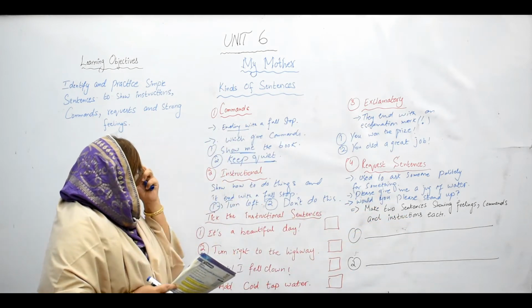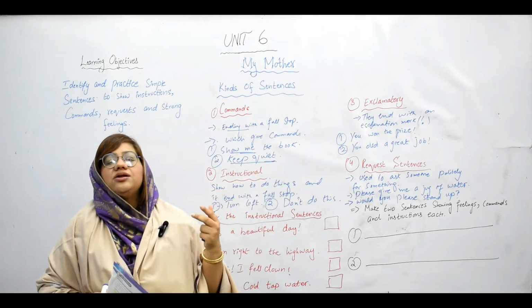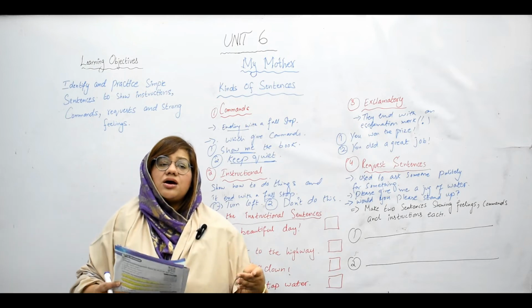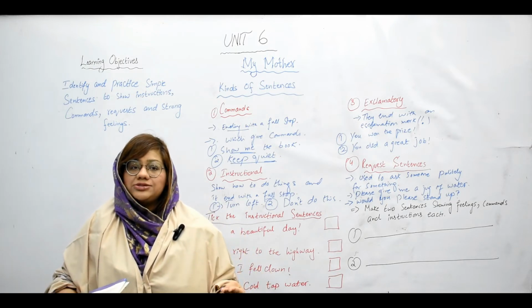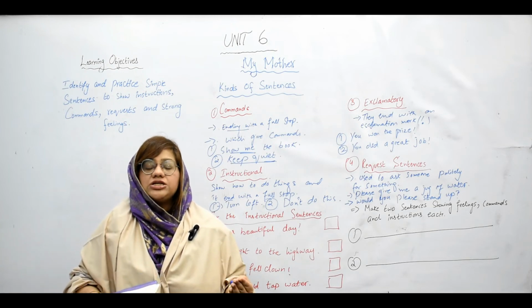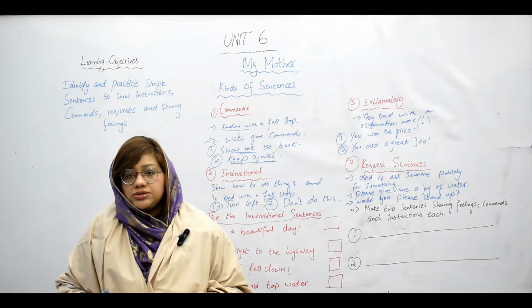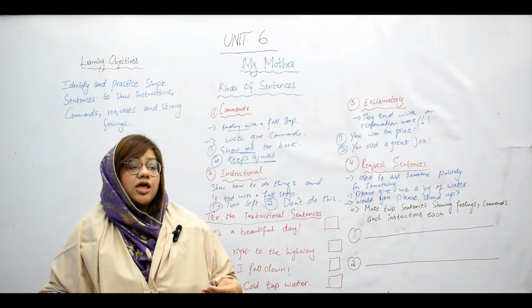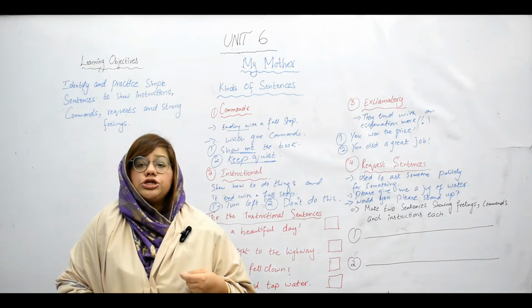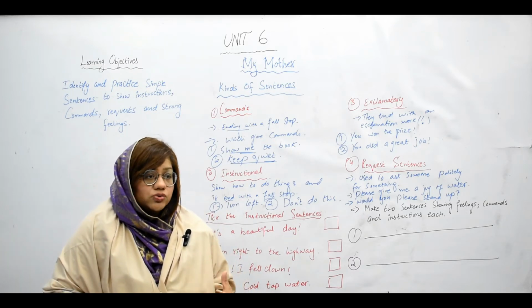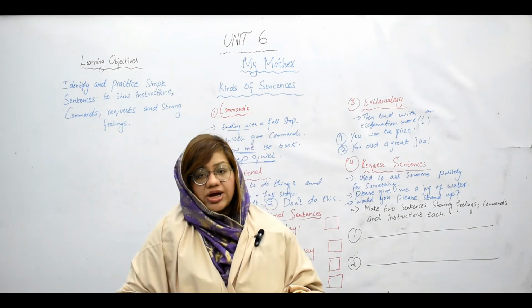So students, you can see that commands, instructions, exclamatory and request sentences are various forms of expression. In different ways, we communicate with others in different manners. Some sentences show commands. Sometimes we need to instruct someone, so we use instructional sentences.